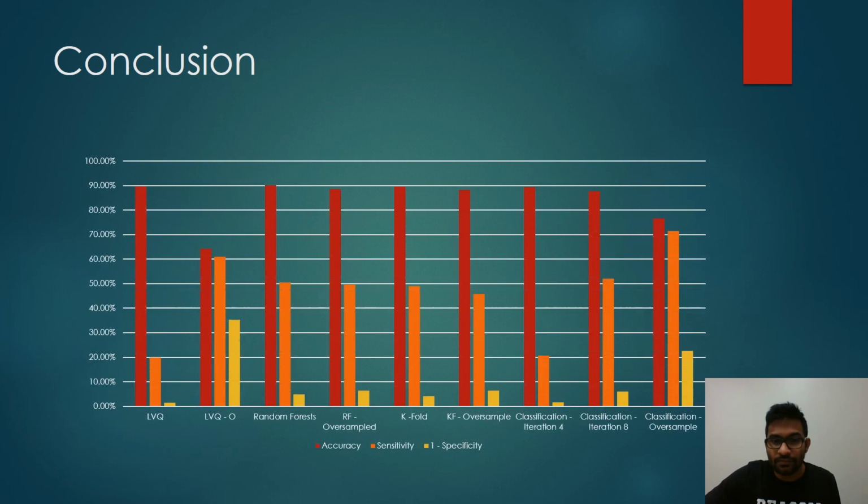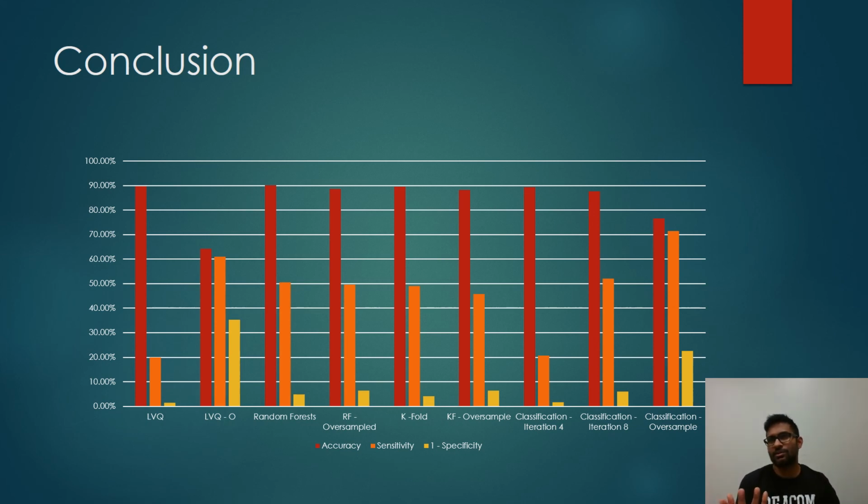So this is all our models. I used the best iteration without oversampling and the best iteration with oversampling in each model. As you can see, the accuracy hasn't increased beyond 90%.